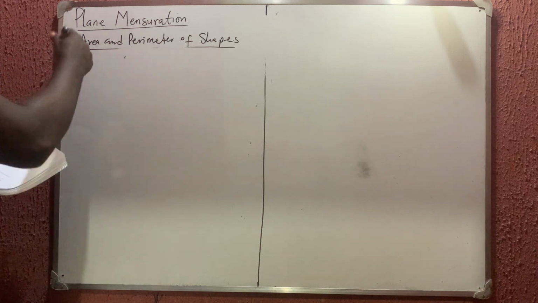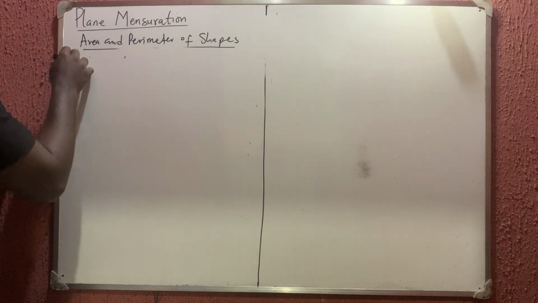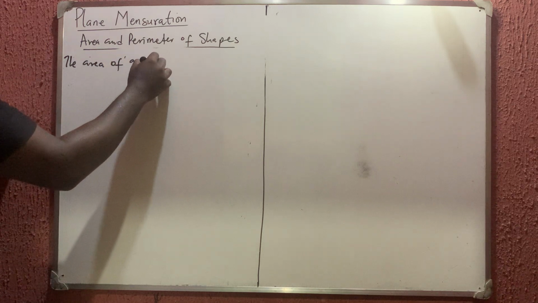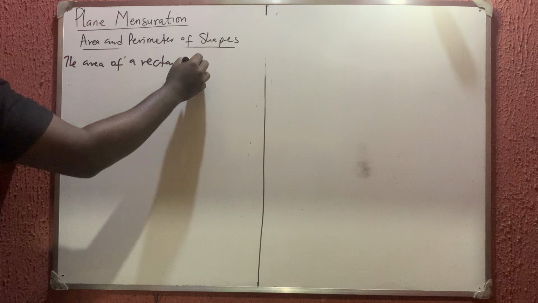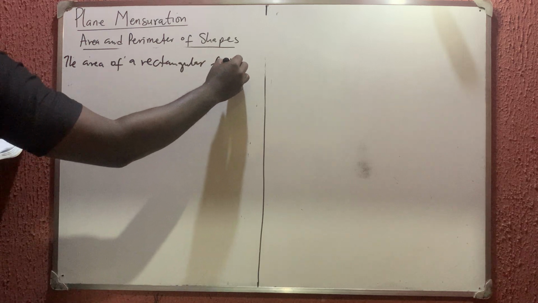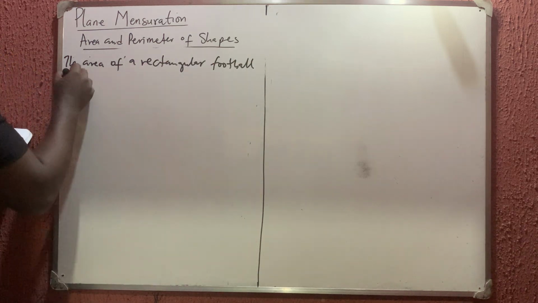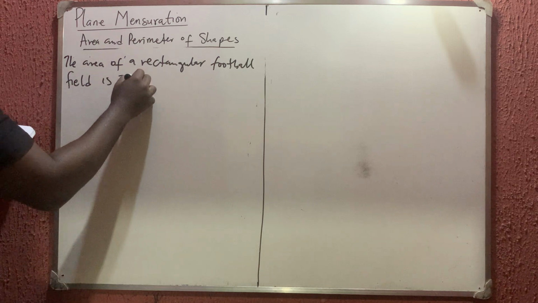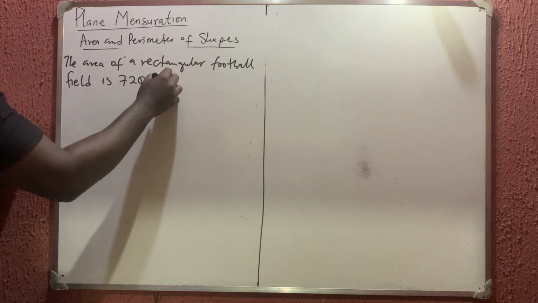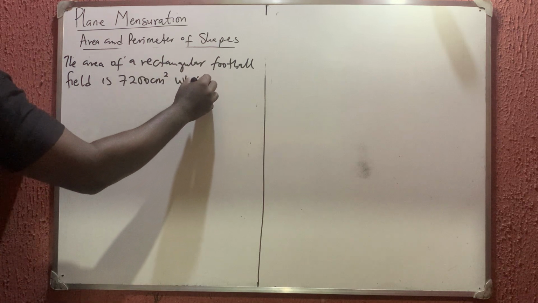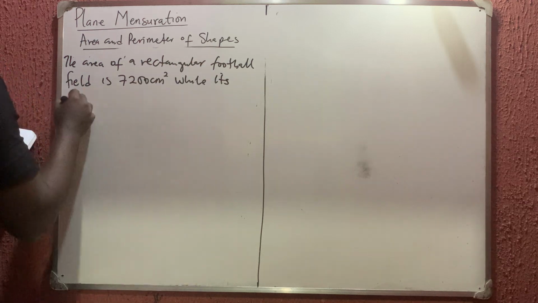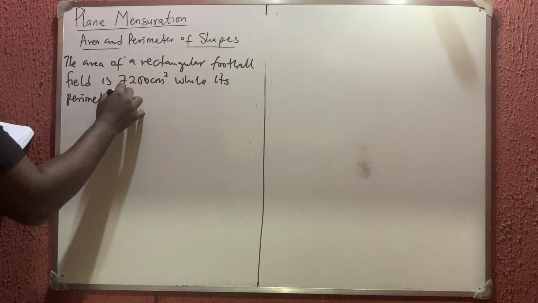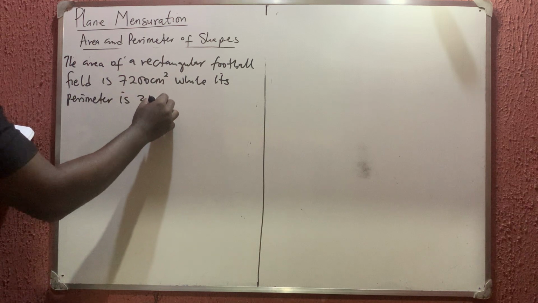The next question said the area of a rectangular football field is 7,200 cm square, while its perimeter is 360 meters.